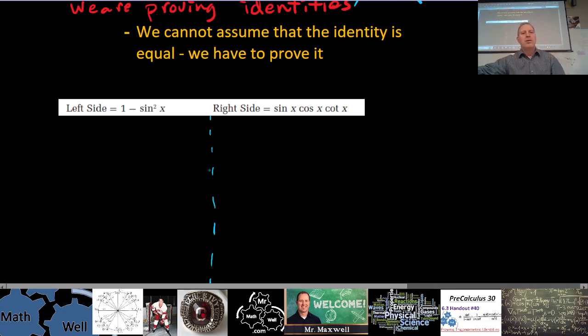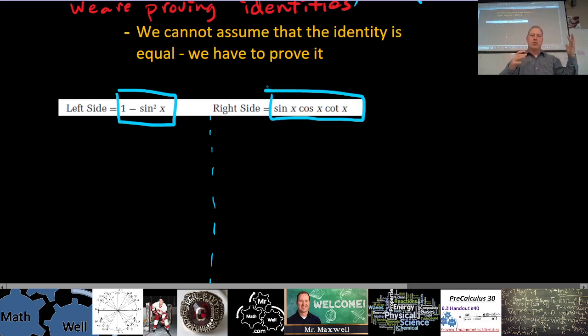Because right now, these are not equal statements. They don't look the same, right? They're subtraction instead of multiplication. We've got a cotan. So we have to change one side or the other or both to make them look equal.